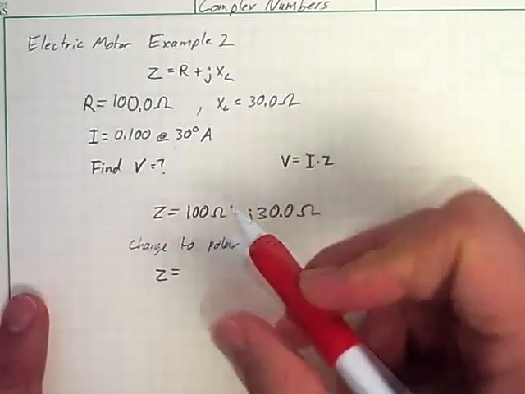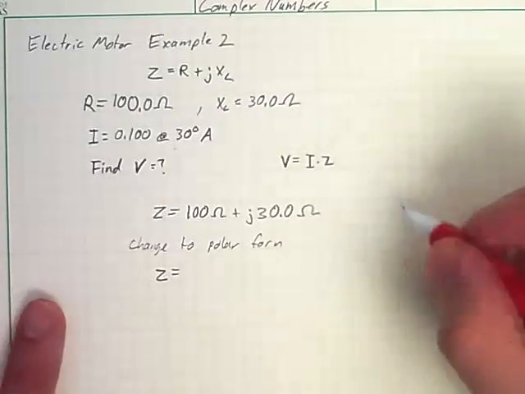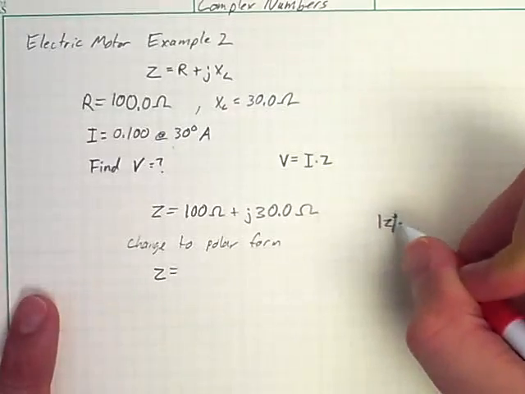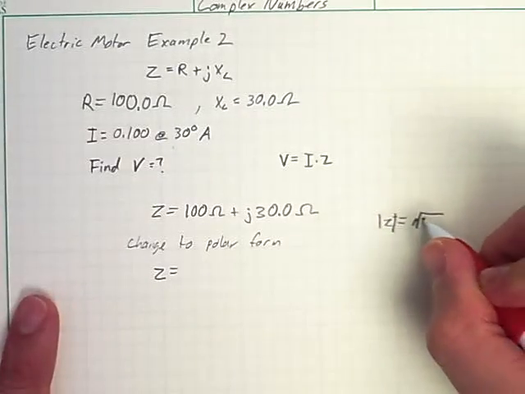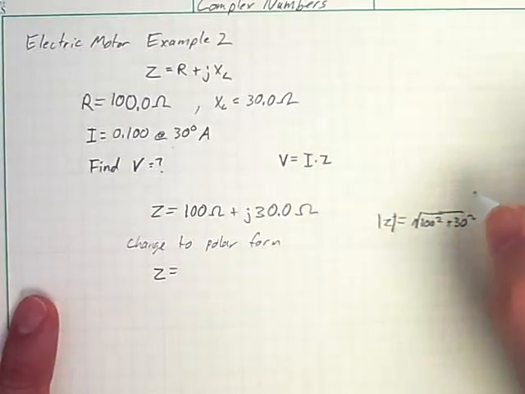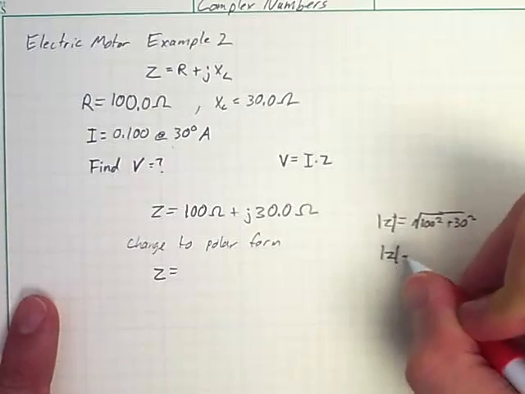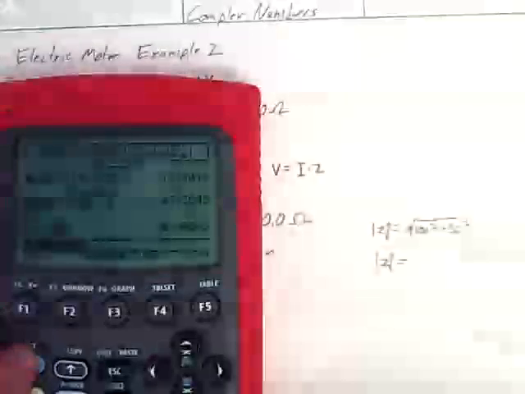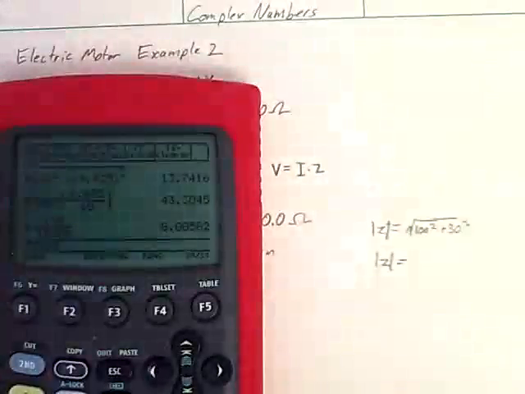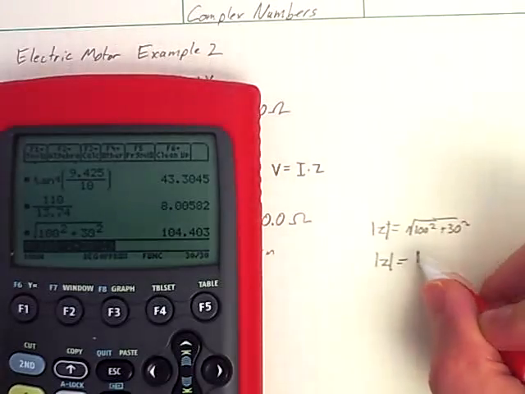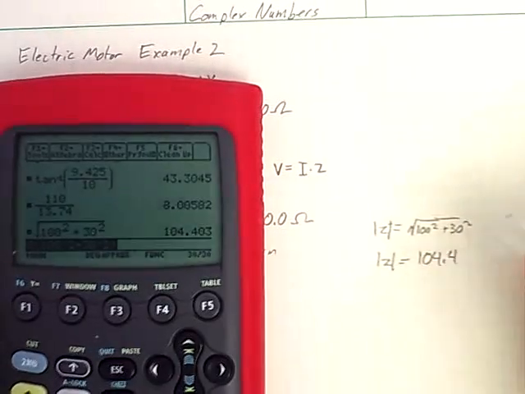So we get that Z is, let's come over here and do that, that the magnitude of Z is going to be the square root of 100 squared plus 30 squared. So the magnitude of Z is 104.4.